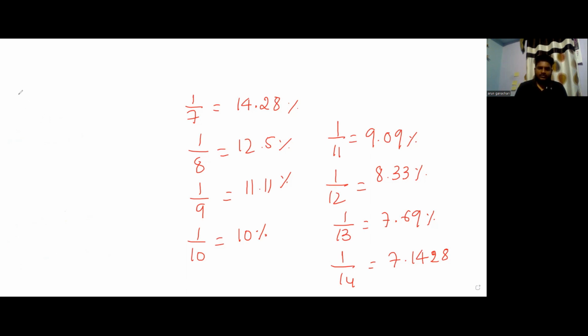Next we have 1 by 15, which is 6.66%. Then we have 1 by 16, which is 6.25%.